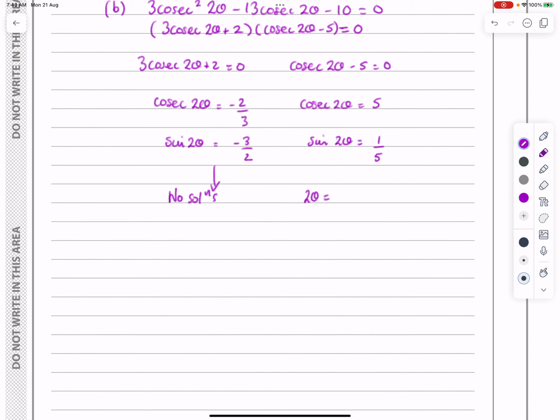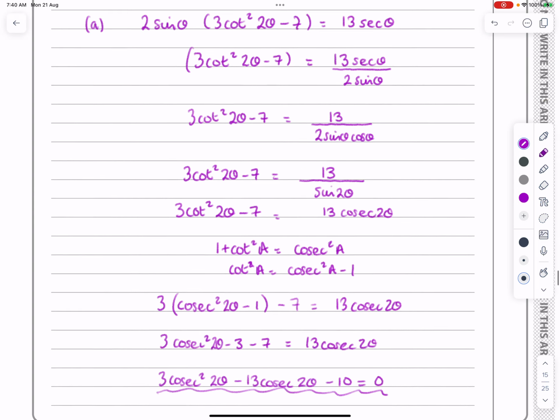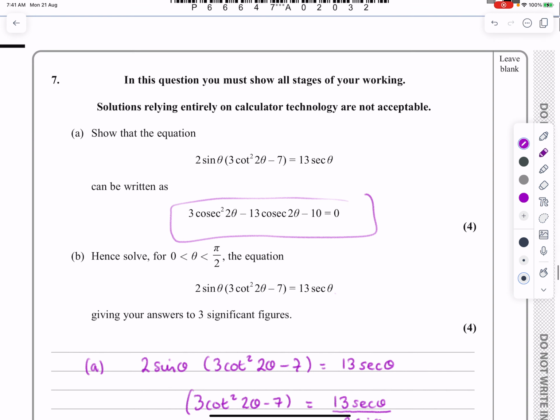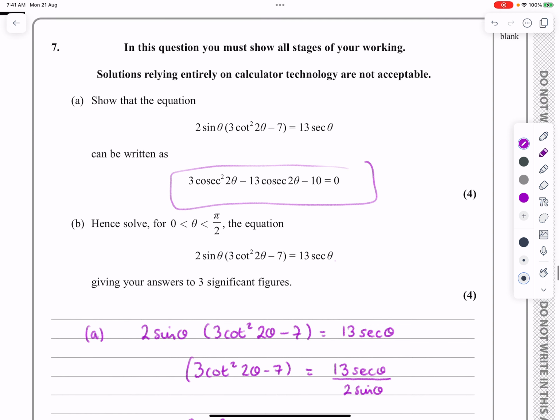If sine 2 theta equals 1/5, 2 theta works out to be either 0.201 or pi take away that, which is 2.94, remembering they're in radians, and then theta works out to be half of that, obviously 0.101 or 1.47, both taken to 3 significant figures, and then go back and just check that. But yeah, absolutely, I haven't made any mistakes with that. So hopefully that all makes sense for question number 7.